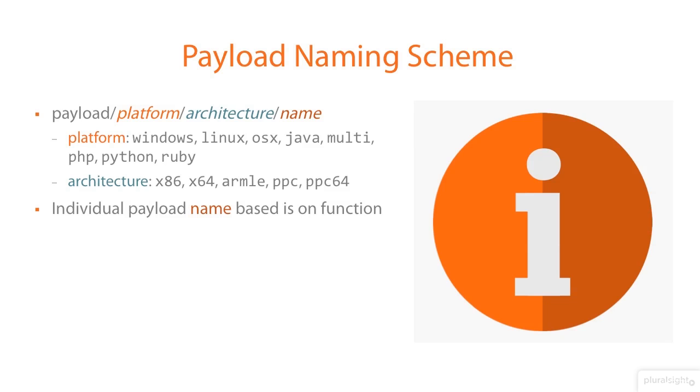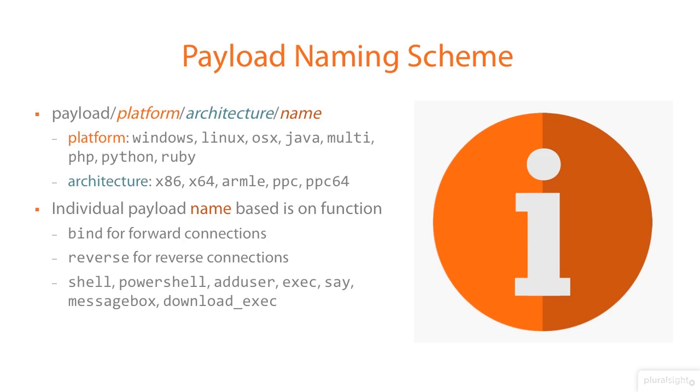The name of the payload contains information about its use. If you see bind in the name, then Metasploit will create a forward connection to the target. A reverse in the name indicates a reverse connection from the target back to you.